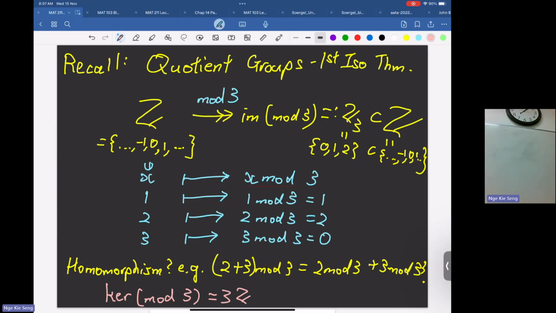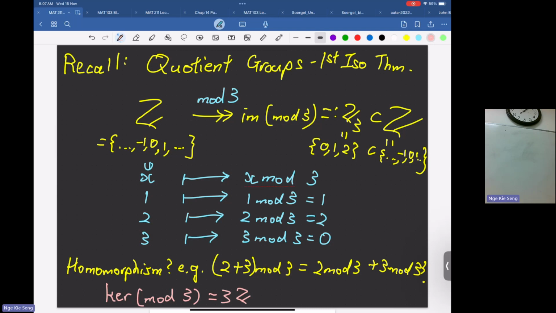I think you should ask a question: what's the group structure on this Z3? How do I compose 0, 1, 2 so that I stay inside 0, 1, 2? Do I just add them? 2 plus 2 is 4, and 4 is not inside here. So how do I stay inside Z3? There are only 3 elements here.